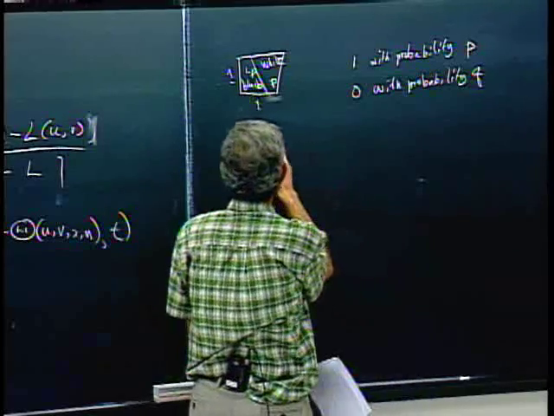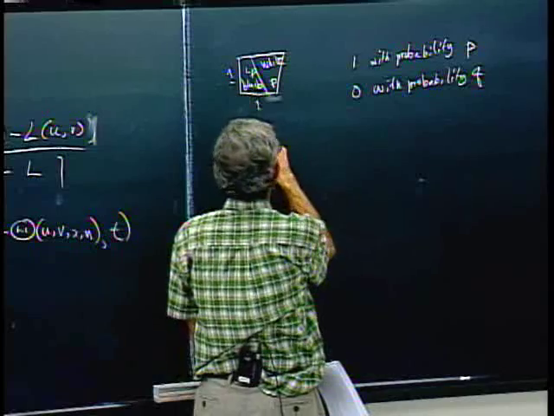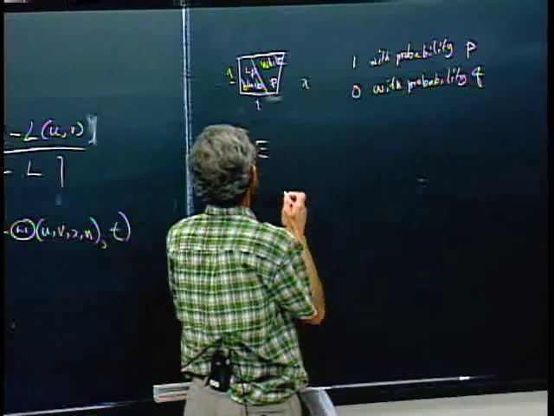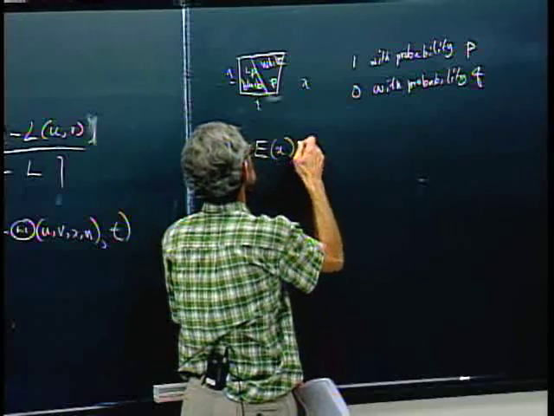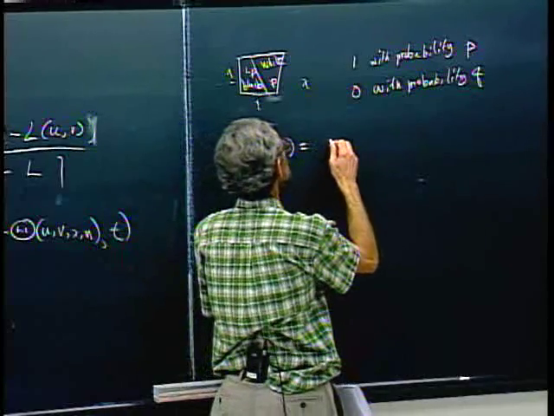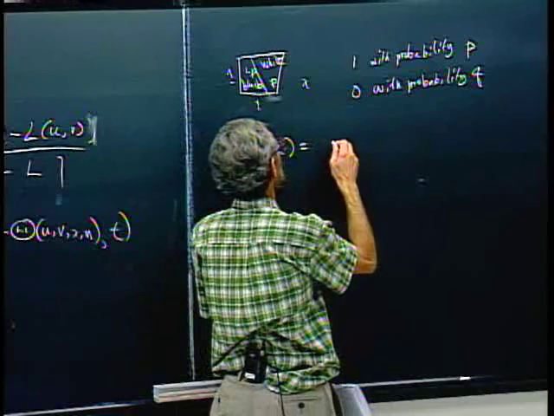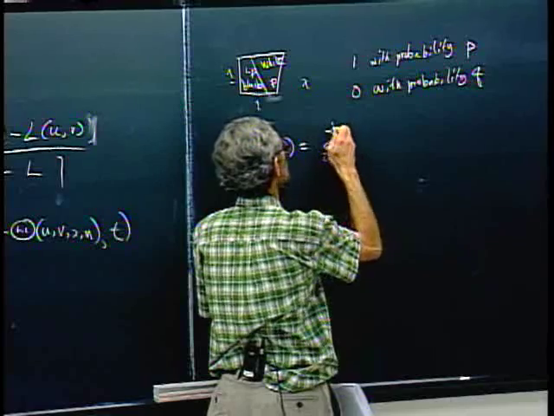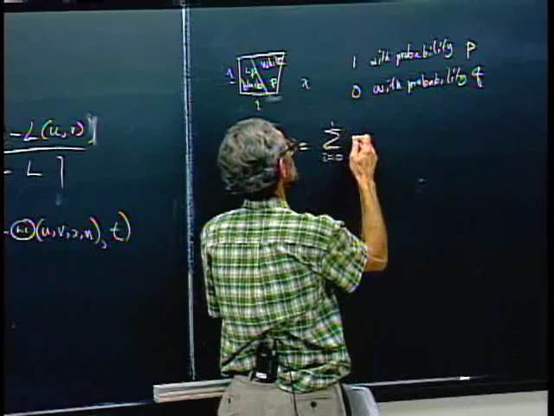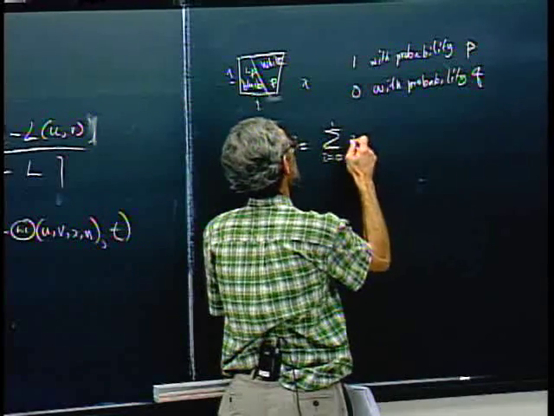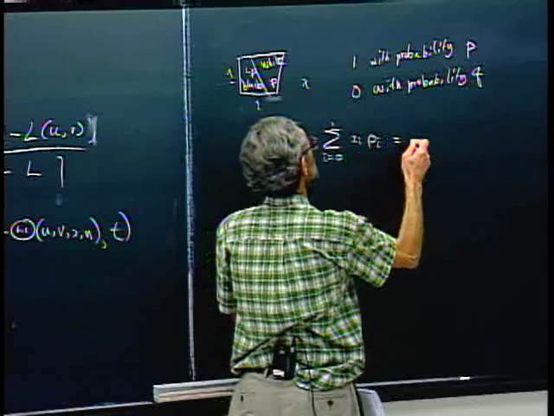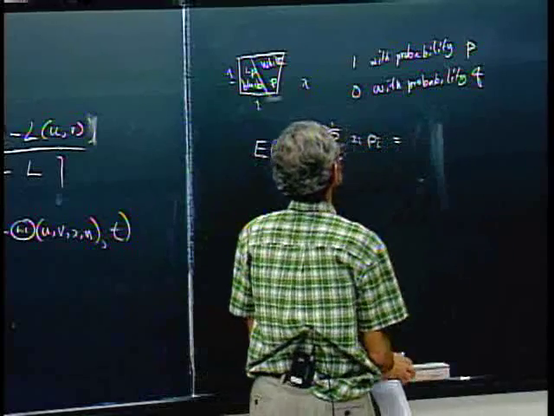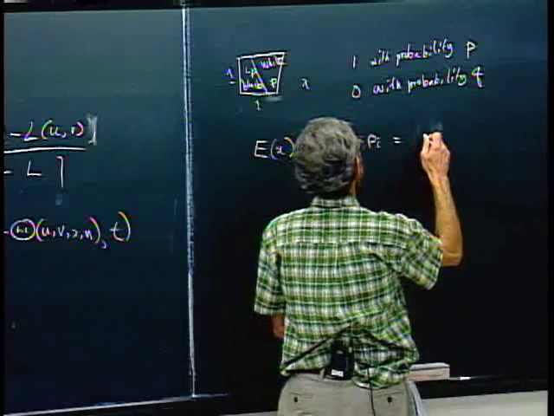And the variance, well, first of all, the mean. So x is this random variable. The expectation of x is, there are only two possibilities. So it's the sum, say, i equals 0 to 1 of xi pi. Well, let me just write it out, right? When we're talking 0, we have q.